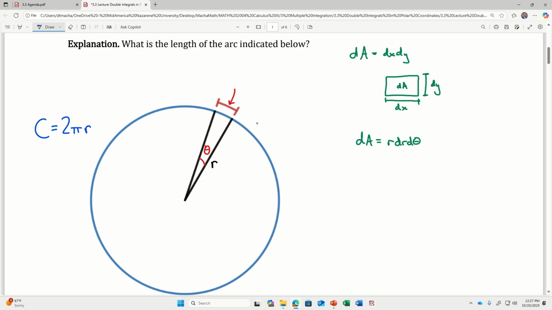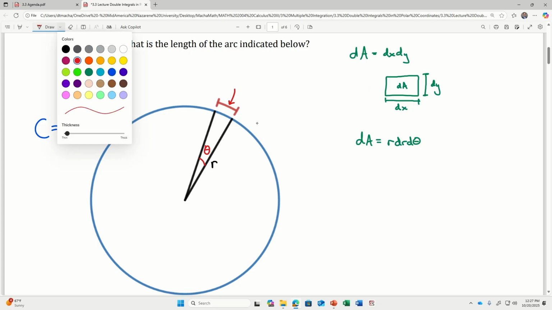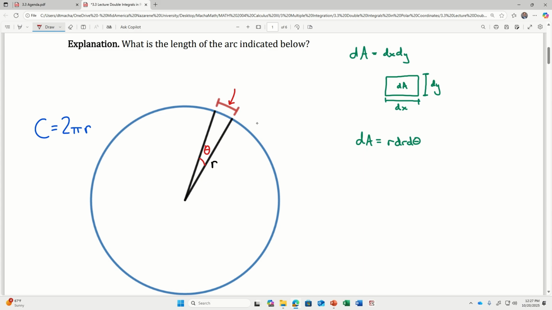That's the circumference of a circle. But this is just a fraction of the circumference. It's the fraction theta divided by 2 pi of the circumference, which is 2 pi r. So it is r times theta.